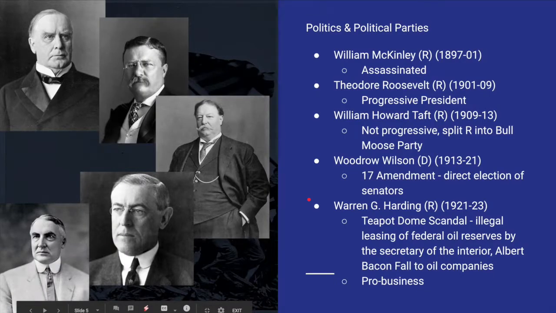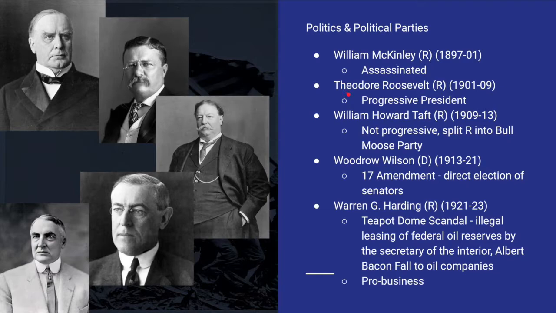Let's talk some politics in Unit 7. So we begin with William McKinley, which we've talked about in past units, but do know that he's the Spanish-American War president. He will be assassinated eventually, and his vice president, Theodore Roosevelt, is going to take over in 1901.